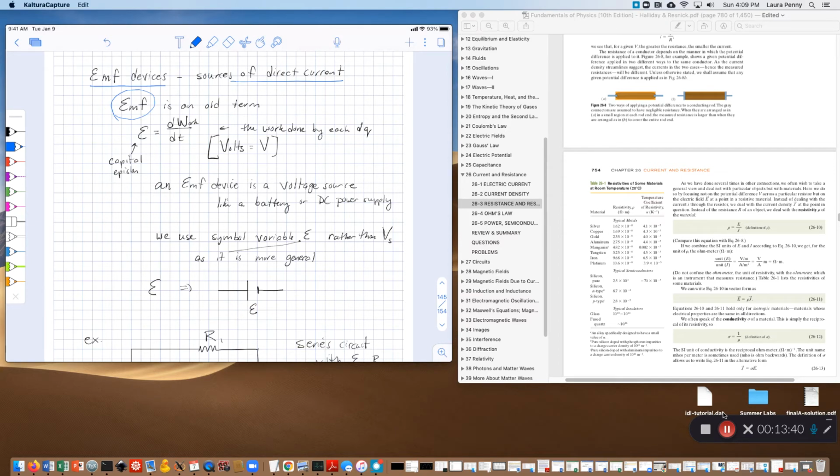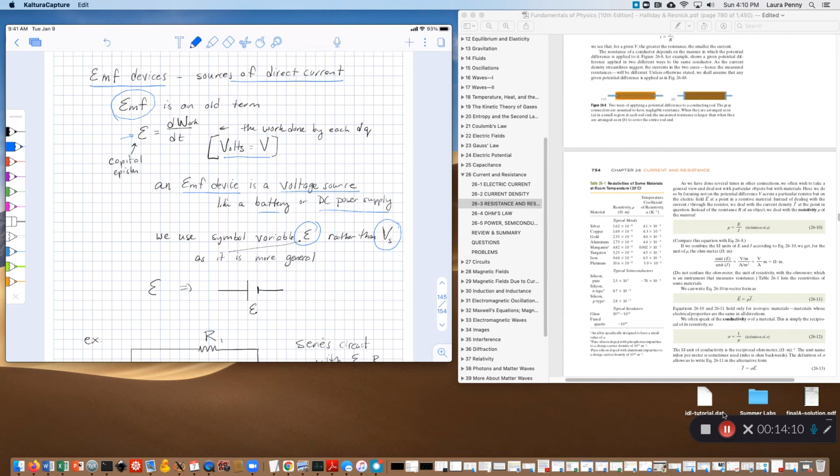Again, capital epsilon is the actual symbol for it, and it's really the work done for each little dQ. It has units of voltage, and so an EMF device is just a voltage source like a battery or a DC power supply, but we're going to use this symbol, EMF, instead of VS. We're going to use EMF because it's more general, and it doesn't always have to be a battery or a DC power supply.